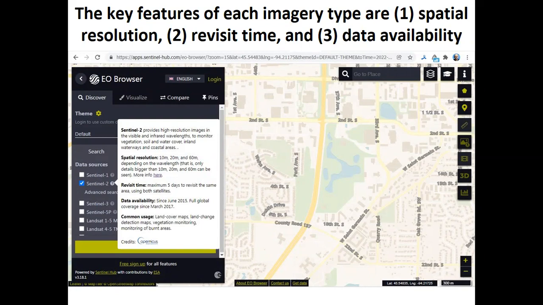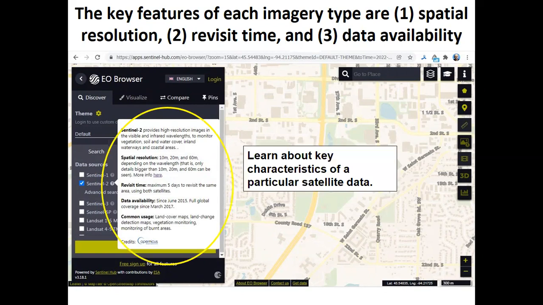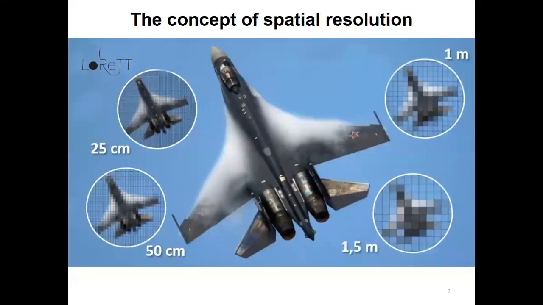You can read about all of them by clicking this question mark next to every satellite and data type in the list. So just learn about these key characteristics of a particular satellite data, and let us go a little bit deeper into that.